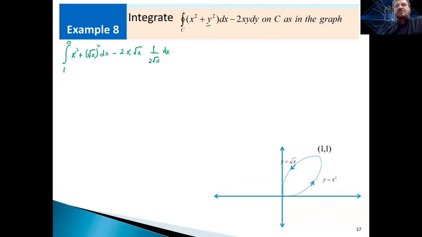Now what happens here? This 2 root x goes with this 2 and root x. So what am I left with? The integration from 1 to 0 of x squared plus x minus x dx. This one cancels that one. So I have to integrate from 1 to 0 of x squared dx.